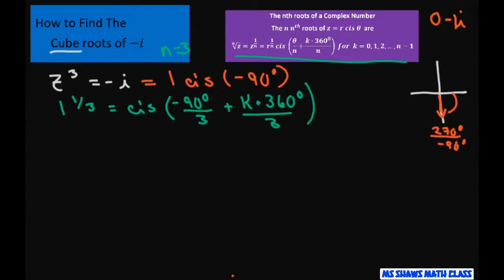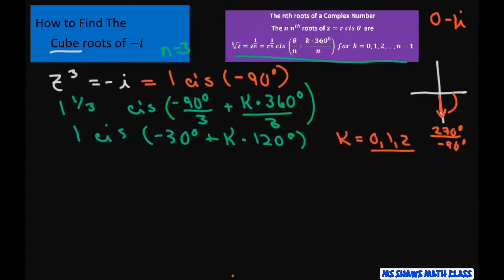And simplifying this, you get 1 cis of negative 30 degrees plus k times 120 degrees.